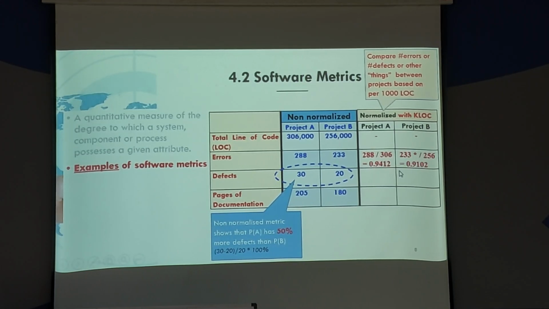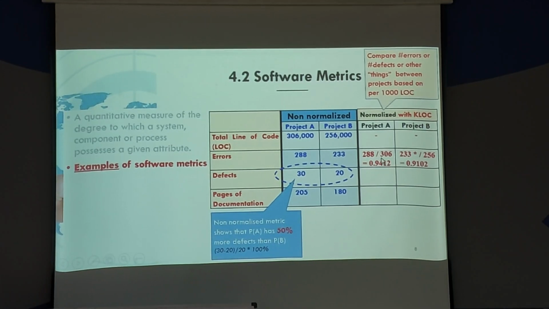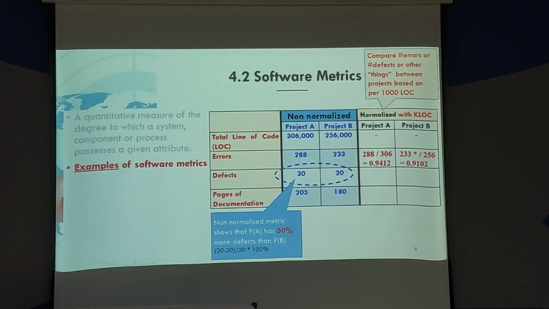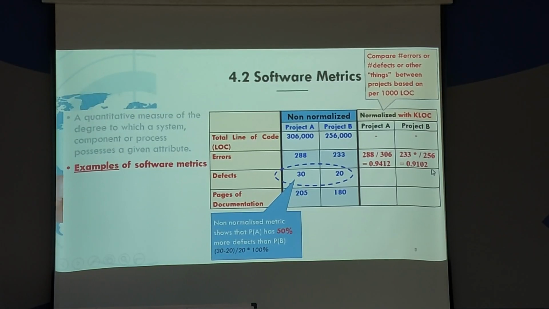So this is what we get. For project A, the number of errors per 1,000 lines of code is 0.9412, and for project B it is 0.9102.